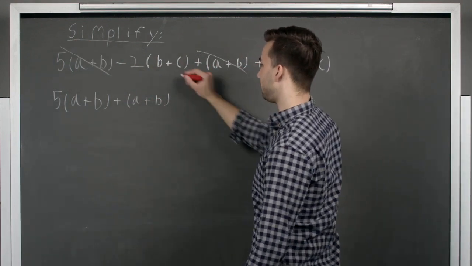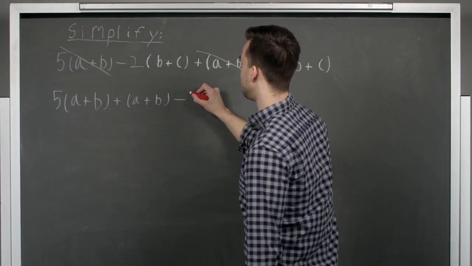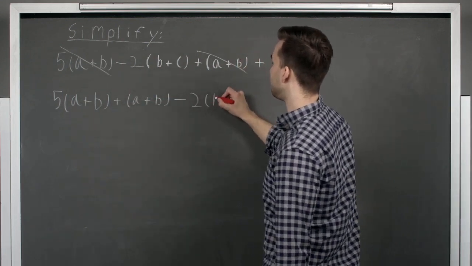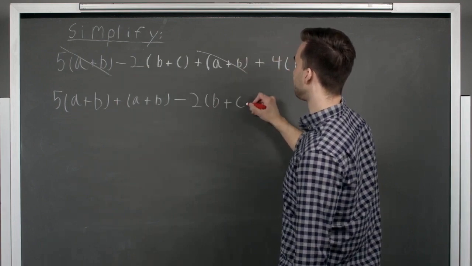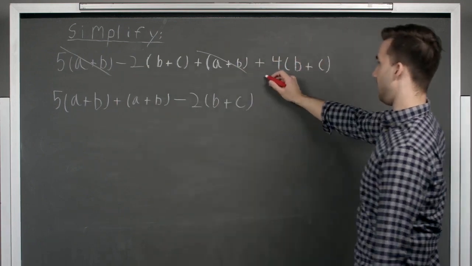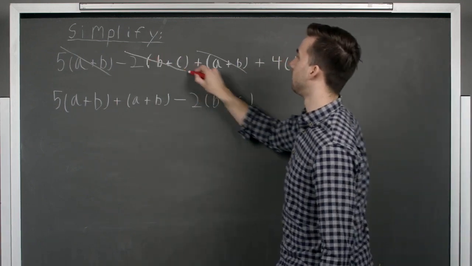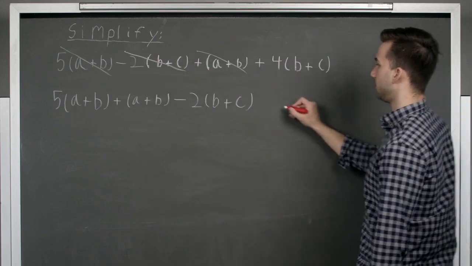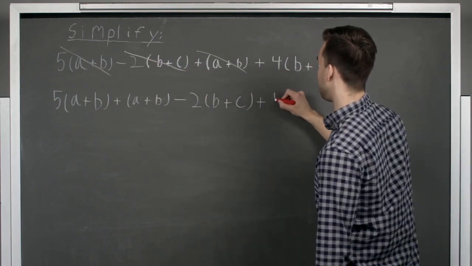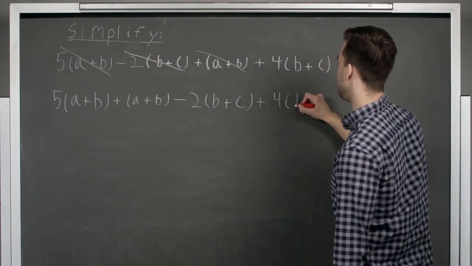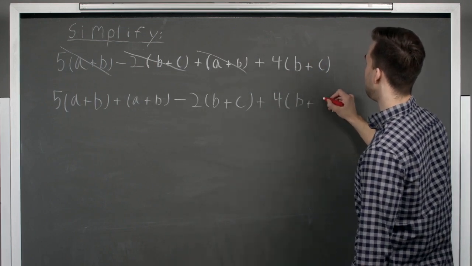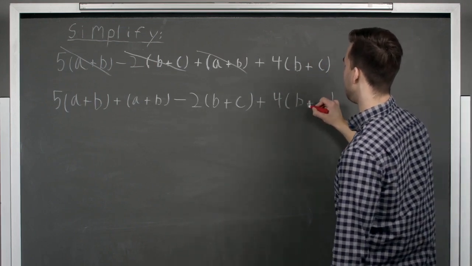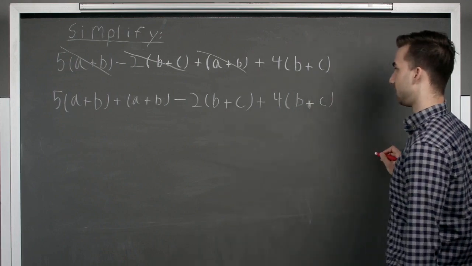So we have (b + c) now, so minus 2(b + c), and then we have plus 4(b + c). Excuse me, I keep saying bc, but it's actually (b + c).